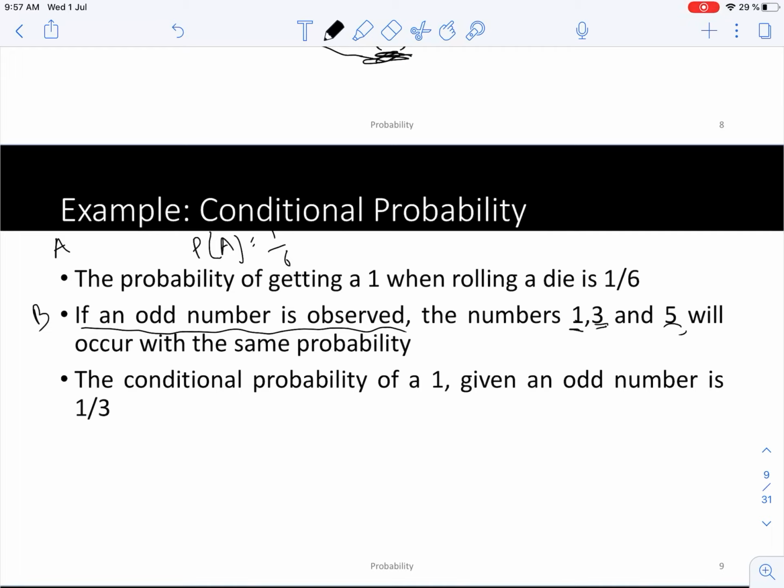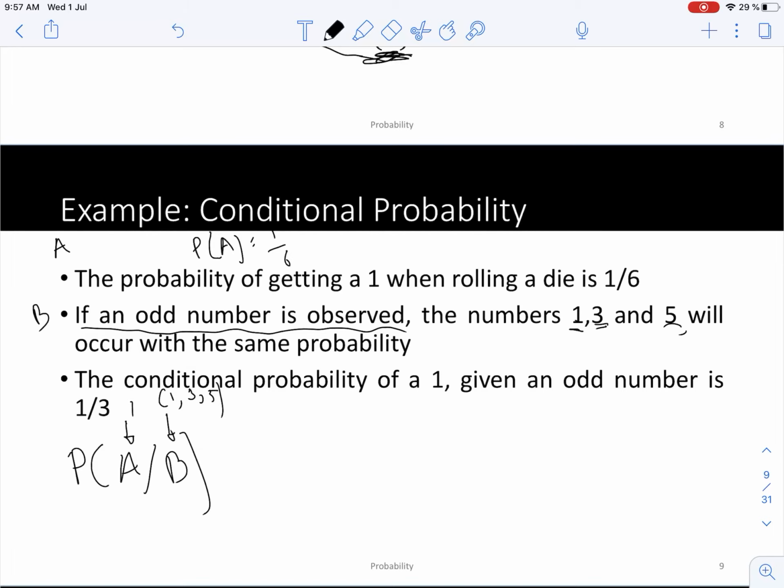Then if we want to find the conditional probability of event A given B, this means the probability of getting the number 1, given event B, which means that an odd number was observed. So an odd number means that the possible outcomes are 1, 3, and 5.